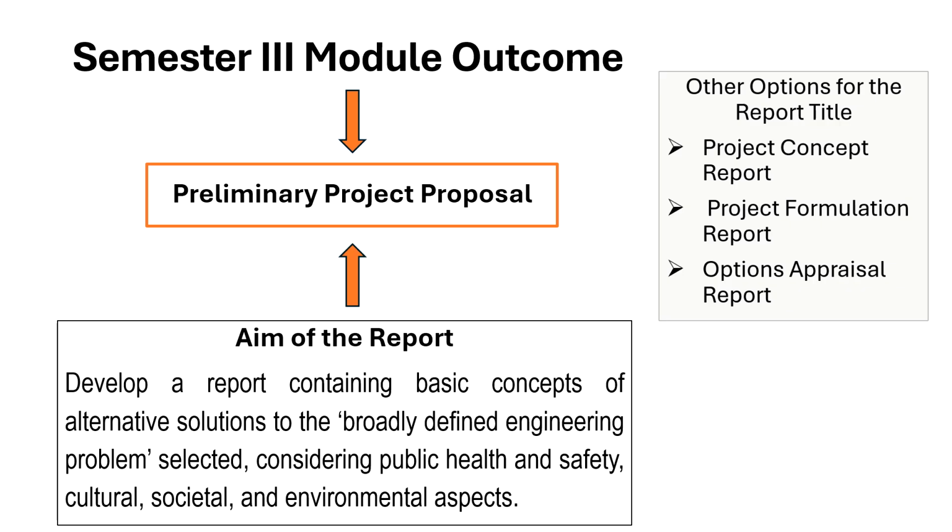First thing is you need to find the broadly defined engineering problem, which I'm very sure you have all of it. You have already found a problem, and you have to finally come up with different solutions, alternative solutions, at least 3. And how do you develop those concepts? By looking at the public health, safety, cultural, societal, and environmental aspects. That is what is expected in semester 3 module.